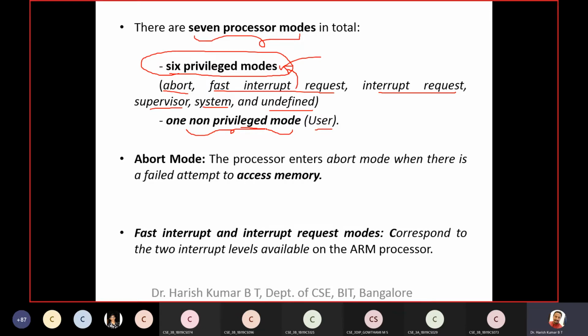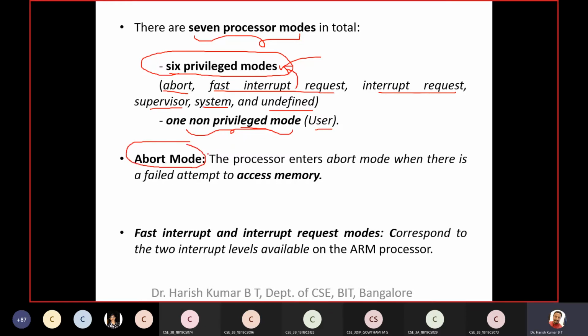Control flags can only be read. When the processor is operating in the 6 privileged modes like abort mode, fast interrupt request, supervisory, system, and undefined, the entire Cpsr register can be read or written. Now we'll try to understand what an abort mode is.